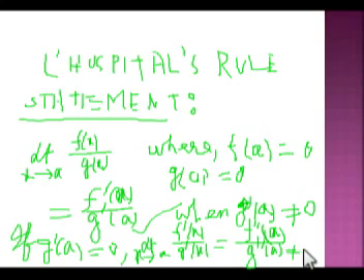And again, if the second derivative of g(x) at the point a is equal to 0, then we will continue this procedure. So this is L'Hospital's rule. How can it be proved? So let's see the proof.